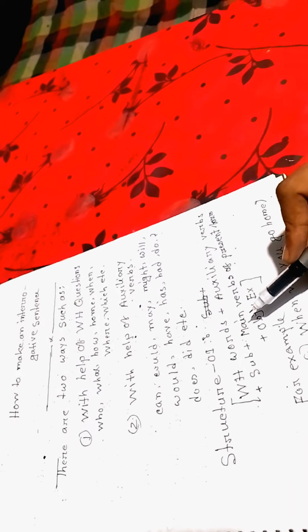So I will show you the two structures of interrogative sentences. First of all is WH words. That means who, what, how, when, where, whom.